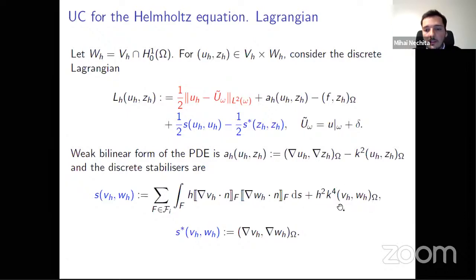And then we have another term coming from the first order term in the Helmholtz equation. And then another stabilizer S star, which acts on this adjoint variable z_h, which will just be the H1 product, so the L2 product of the gradients.